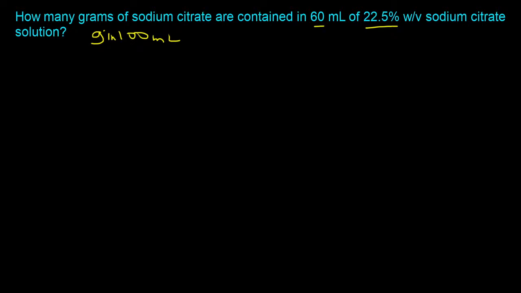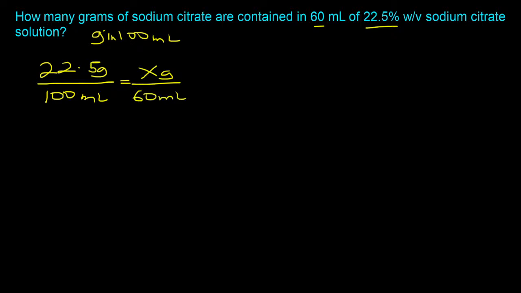When you have 22.5%, it implies that you have 22.5 grams of the sodium citrate in a 100 milliliter preparation. That's what that means. Since we only have 60 milliliters, we need to determine how many grams are actually present in the 60 milliliters as opposed to the 100.